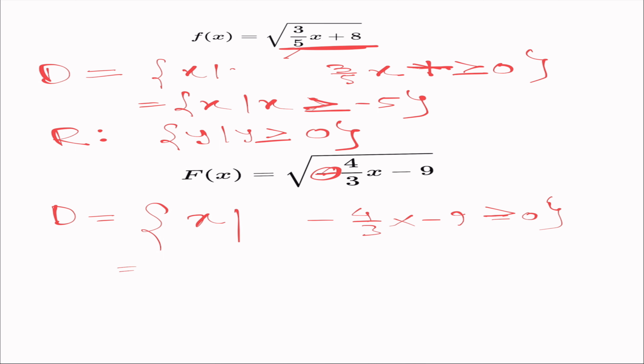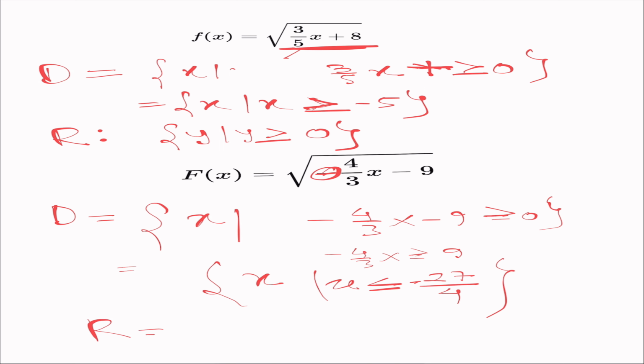So what do we get? Negative 4/3 x, and we can just move the 9 over. If we flip the sign, we get 27 over 4. So x is less than or equal to 27 over 4. That's our domain. Just write it down. And for the range, it's the same. Y is always more than 0.